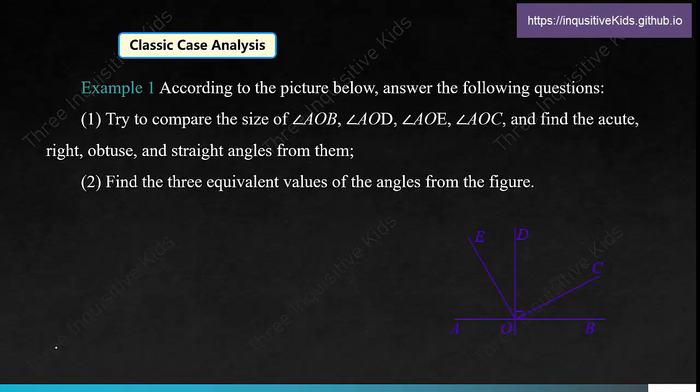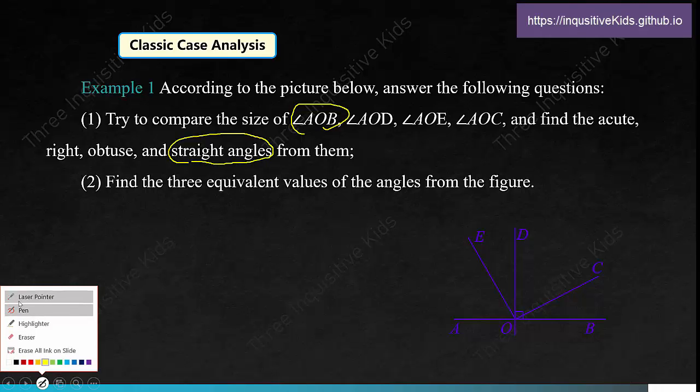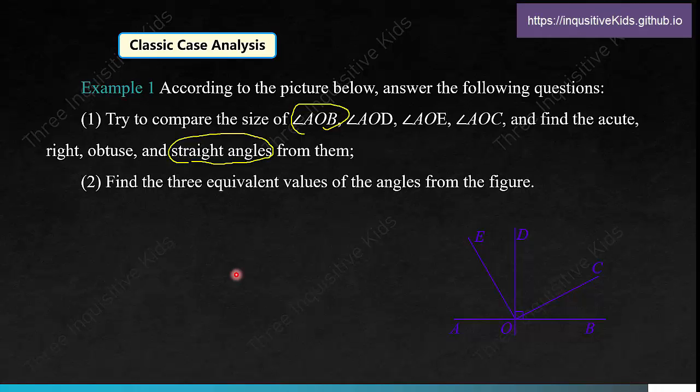So that means that AOB is the straight angle. Oh, and by the way, when you're answering a question, you can't just circle these in the same color as me. You have to write out a clear explanation, a clear answer below the problem, but I'm just doing this because it's easier.